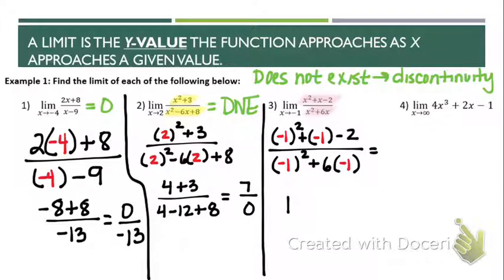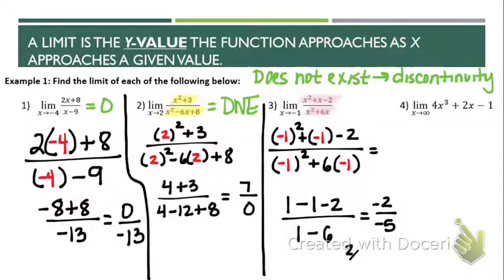So I have a positive 1 minus 1 minus 2 all over 1 minus 6. So that would be negative 2 over negative 5, or 2/5. Who got 2/5? I'm not using a calculator, so make sure my math is right this morning. So in this example, the y value is approaching 2/5, so it would equal 2 over 5.